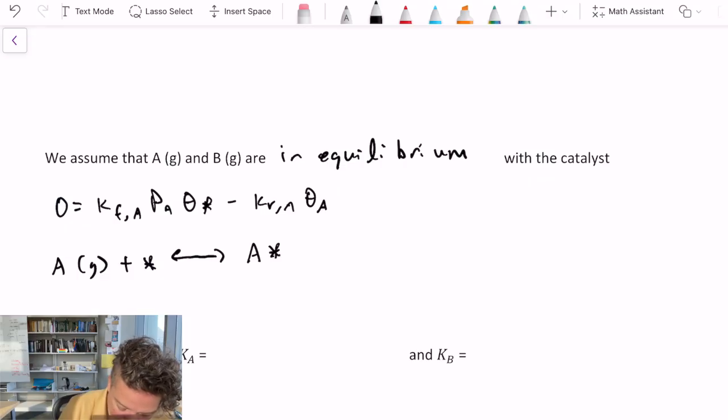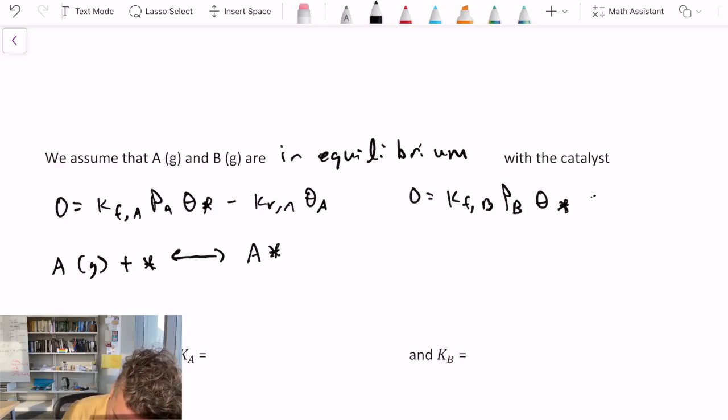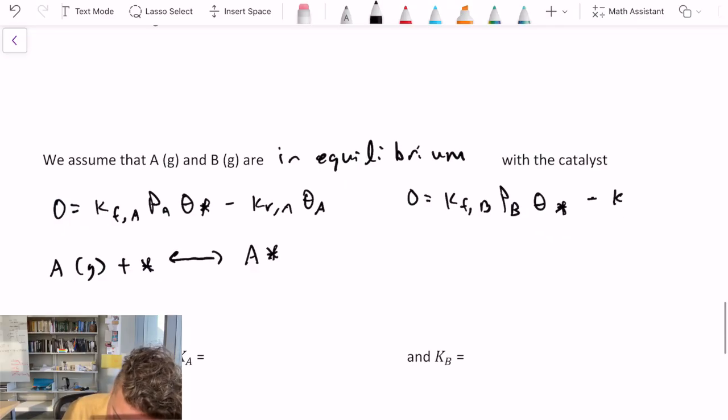So anyways, I can do this for both A and B. These k's, I should say, are lowercase k's. They are rate constants.